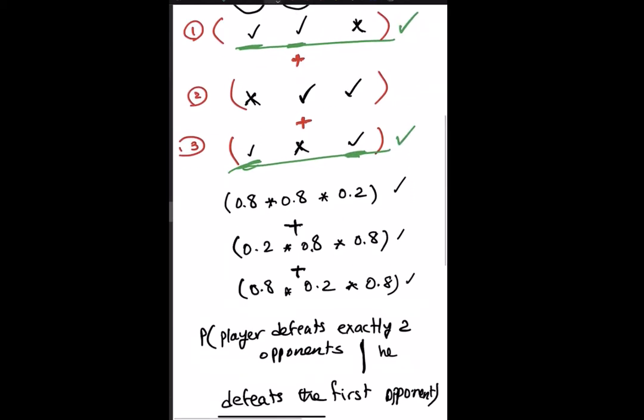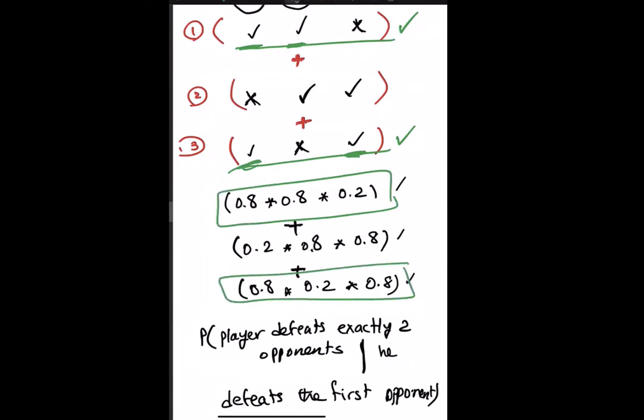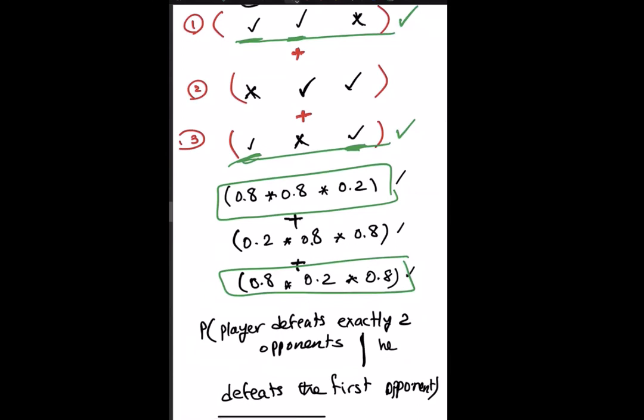So I only need to add the probability of scenarios 1 and 3, only these 2. Does that make sense? Yes. Good. Okay, let's go to the second problem, guys.